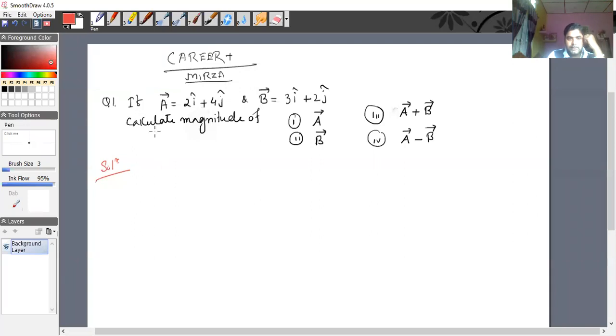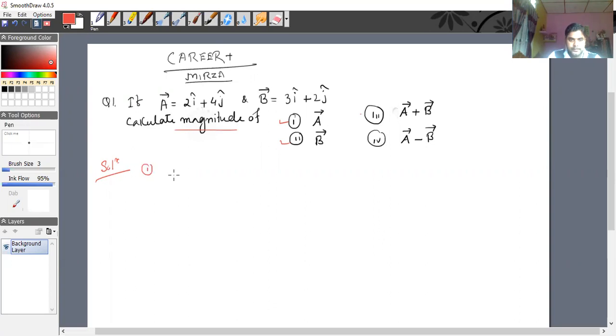Taking one numerical example, A and B are given. Calculate the magnitudes of A, then B, then A plus B and A minus B. Okay? So first we find the value of A. The solution is very easy.